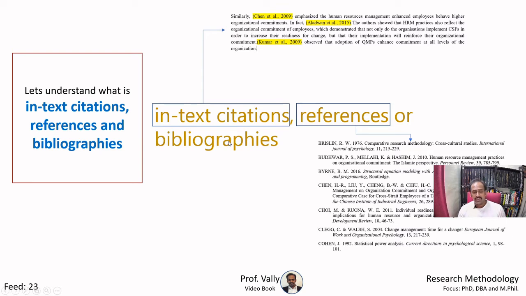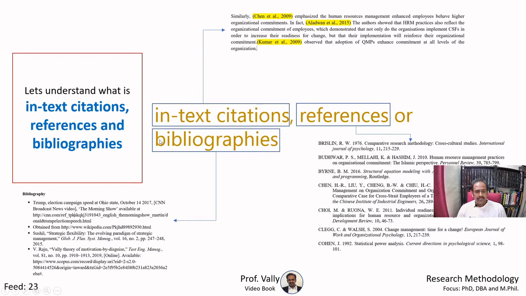Bibliography is quite different. A bibliography is a collection of all the reports or references you put inside. There need not be any in-text citation for it. You can see the bibliography here. The first one is a Trump election campaign speech at Ohio State, where he says so and so.